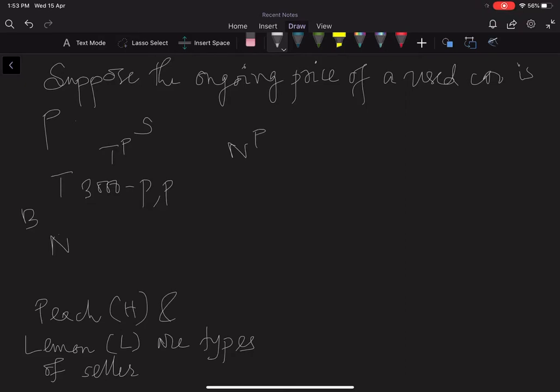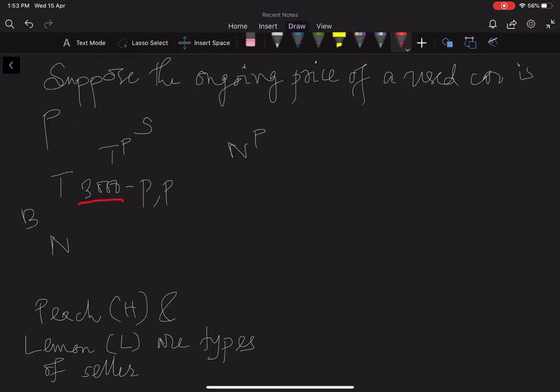The 3000 is the payoff to the buyer for a car which is of high quality. The buyer obviously doesn't know whether it's high or low quality at the time of saying trade or no trade, but I'll come to that later. In case he purchases a high type, a peach car, then the payoff is 3000. He pays price P, so the payoff is 3000 minus P. The seller gets the price P.